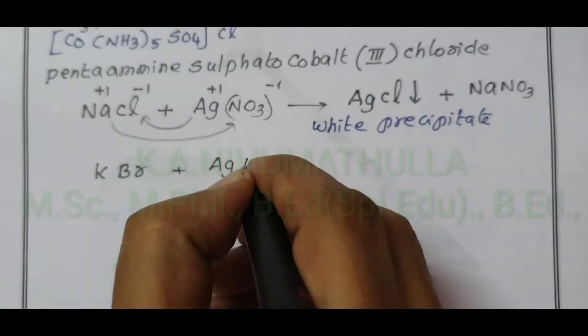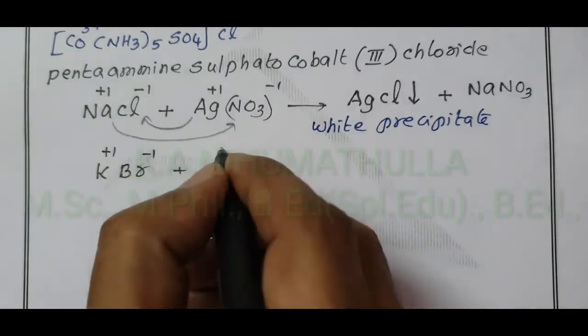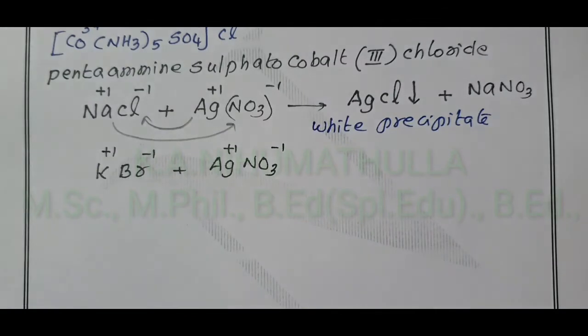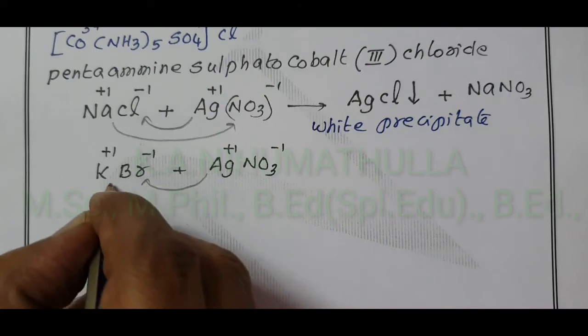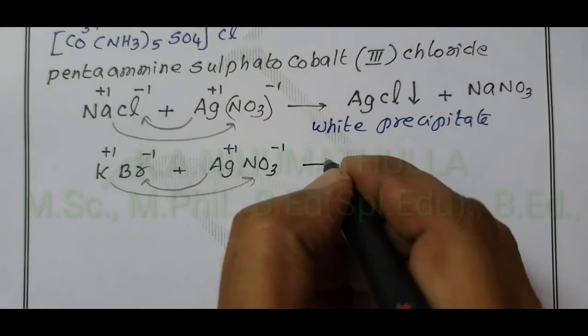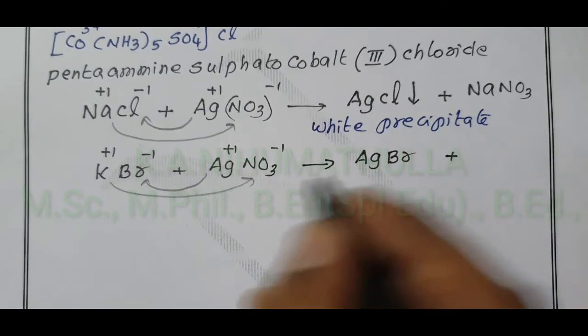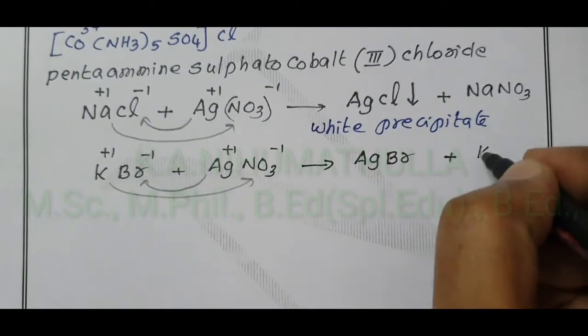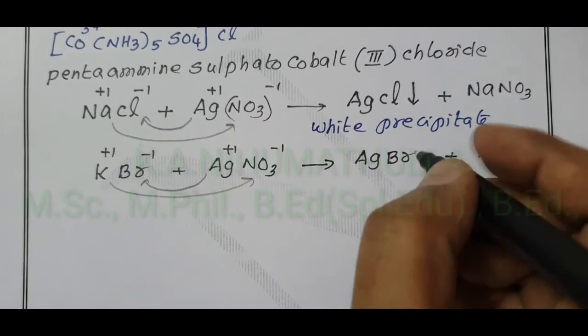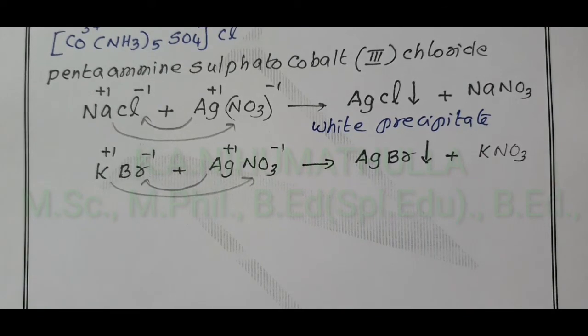It is also used to identify the presence of bromide and iodide. KBr, when treated with silver nitrate AgNO3: as usual, potassium is an alkali metal, a monopositive ion, Br minus, Ag plus 1, and nitrate is a negative ion. Ag plus combines with Br minus and K plus combines with NO3 minus. What are the products we have? The main product is AgBr, plus K plus combines with NO3 minus to give KNO3. Silver bromide is formed as a precipitate, and its color is pale yellow.